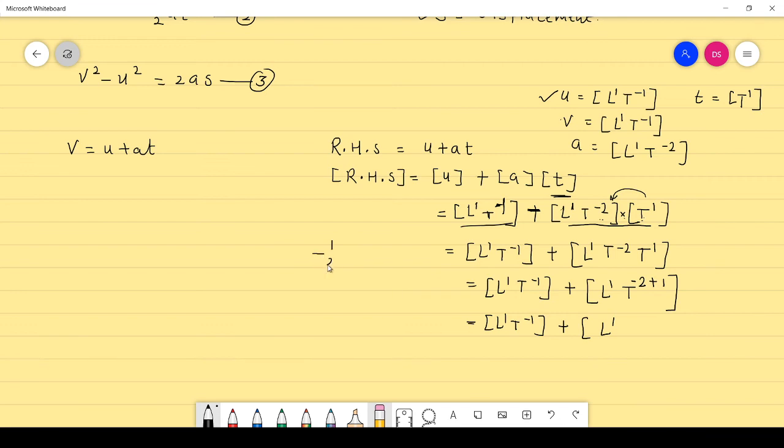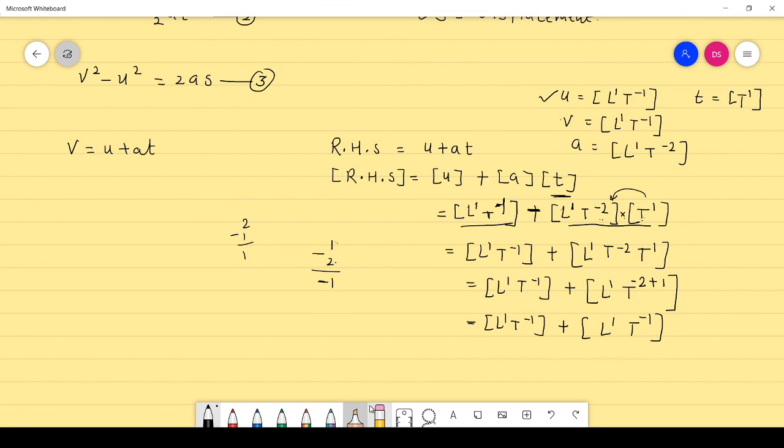We can't subtract 2 from 1 the way we do 2 minus 1, which equals 1, but this factor is 1 minus 2, and that is equal to minus 1, right? So T raised to minus 1.